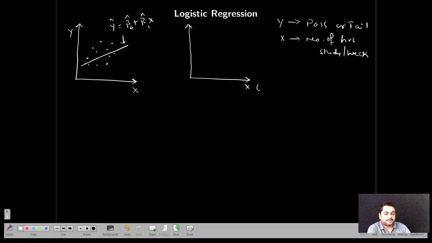So x indicates the number of hours of study per week, and y is only binary, pass or fail. Now let us say the data is distributed something like this. Some points here, some points here, like this.